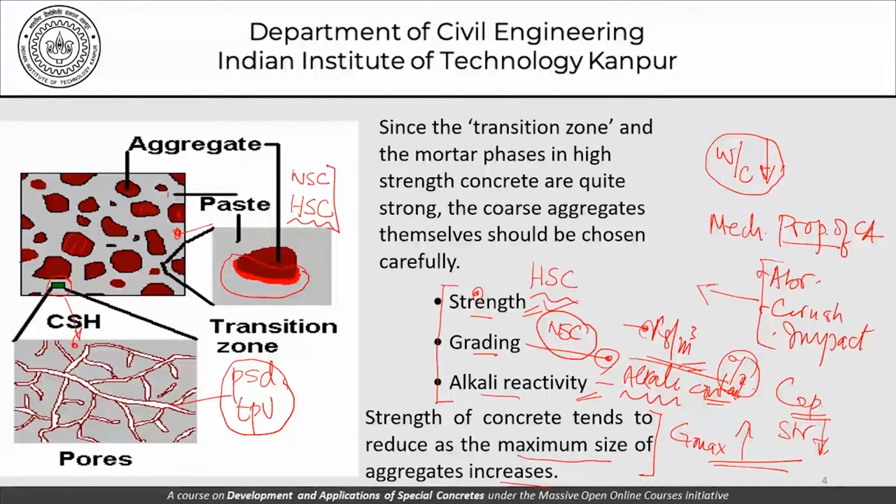We'll see later on that most of the time we do not see high strength concretes being used for aggregates higher than 20 mm size. In fact, for higher strength concretes, we will find that the maximum size of aggregates has been capped at sometimes values lower than 20 mm. Now, why does this happen? Why, as Gmax increases, does the strength decrease?